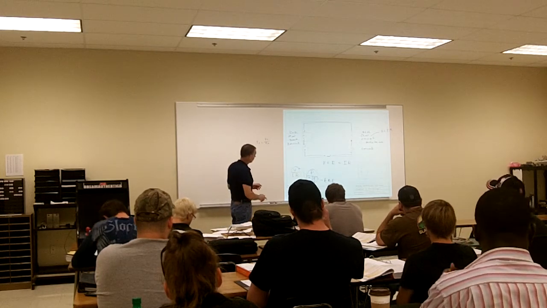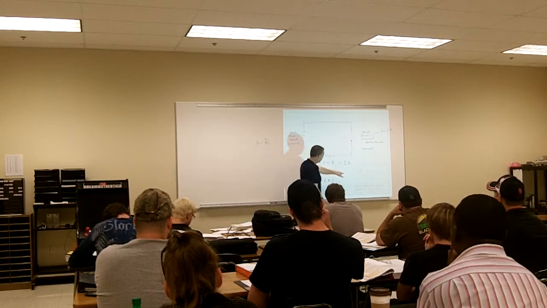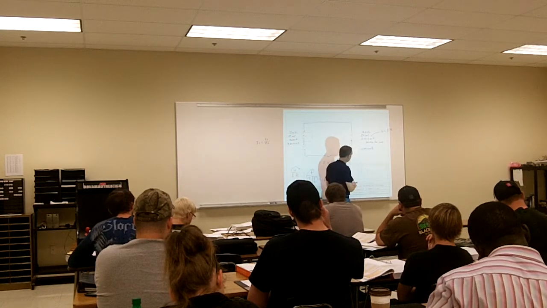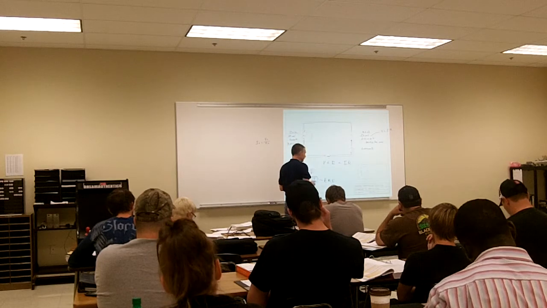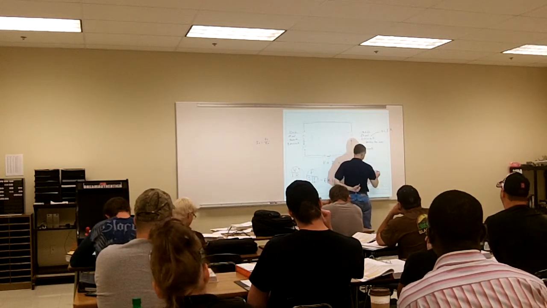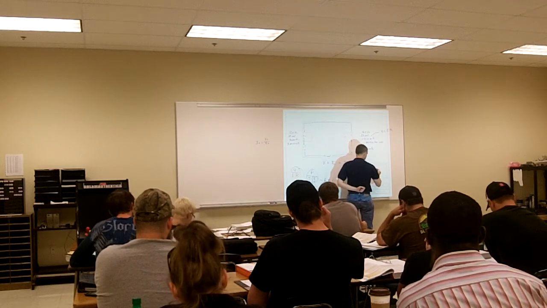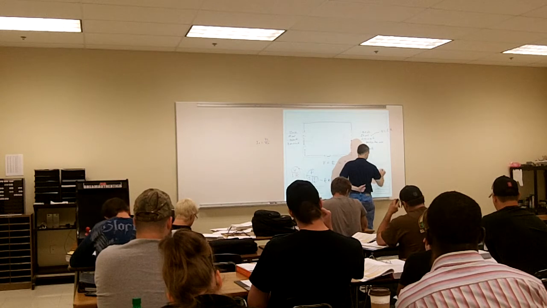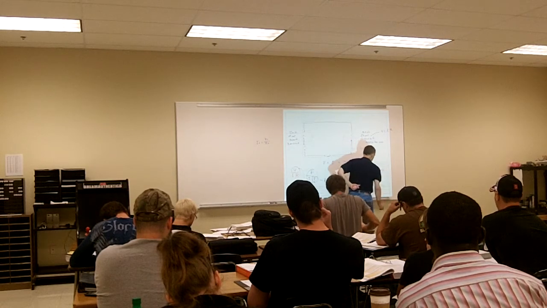So, real basic circuit. Now we only have one more thing. We're going to assume that we removed the resistor from the circuit and we're going to measure it. Let's say I measured 118.5 ohms.